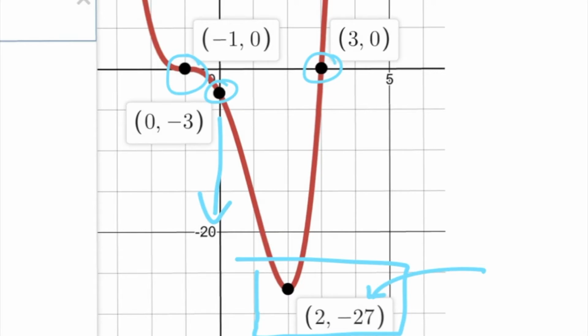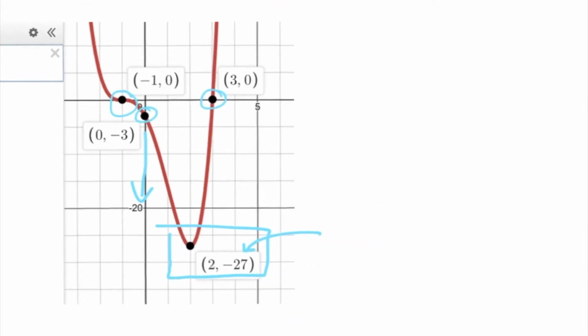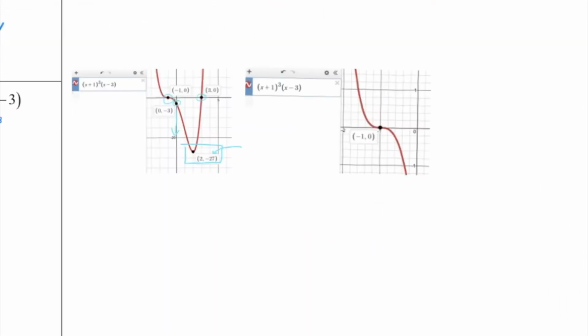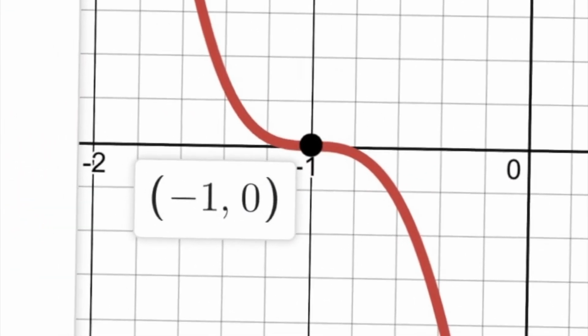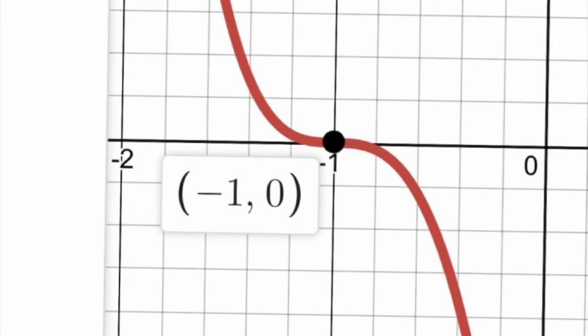Get your x and y intercepts graphed, but I want you to pay special attention. I've got another graph where I zoomed in just on the shape of that. If you cover up the screen on the left, you can almost imagine that being a bounce, like a double root would be.